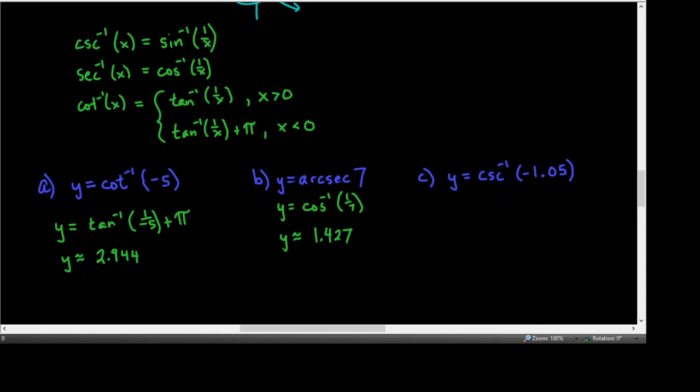And then for the last one, you'll find y by taking sine inverse of the reciprocal of the argument, and you should get -1.261. All right.